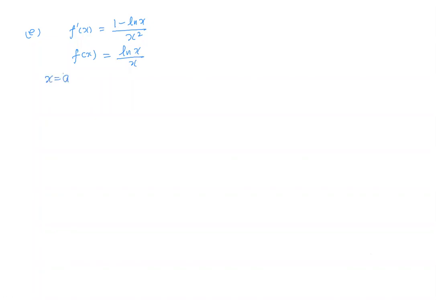You just repeat exactly what happened in part A, with x equal to a. f prime a equals 1 minus ln a over a squared. f a equals ln a over a.